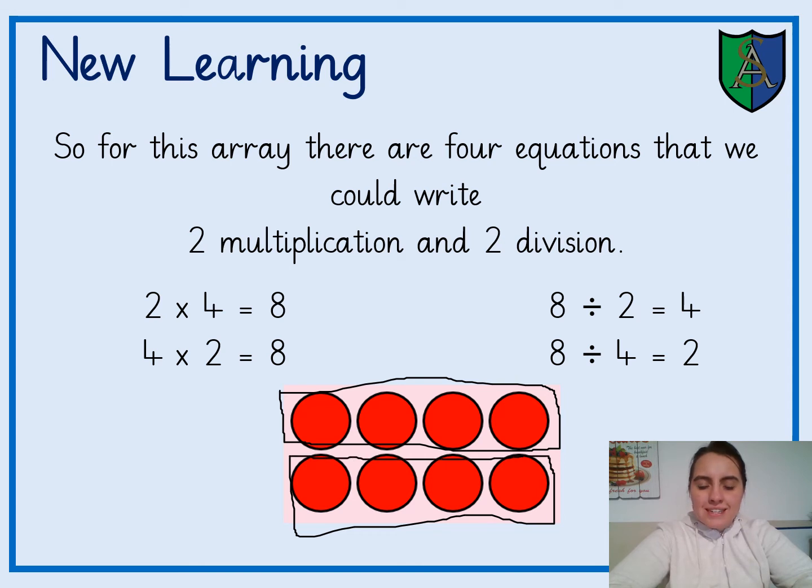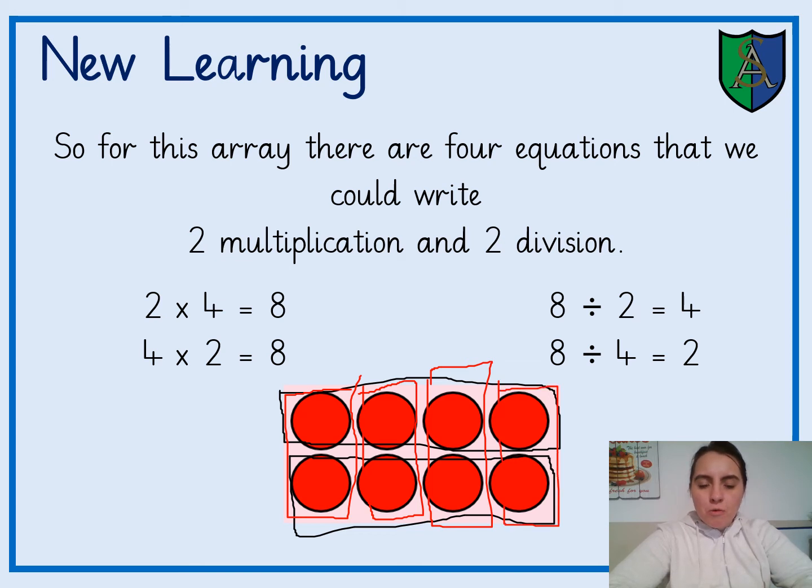Or we could do it in a different way, couldn't we? For our second equation, if we had our total of 8, we could split it into 4 groups and there would be 2 in each. Watch. There's 1 group, 2 groups, 3 groups, and 4 groups with 2 in each.